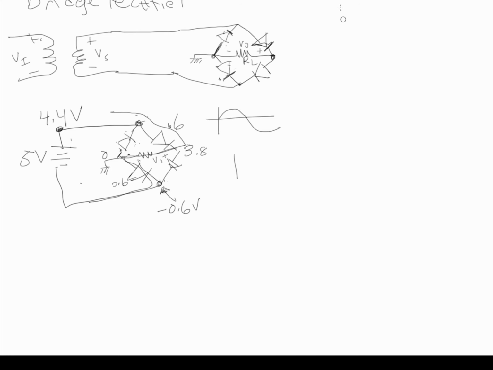Whoops, I did it badly here. So on the negative cycle, the current is going to go up here, across the V out, and then up and down, okay?